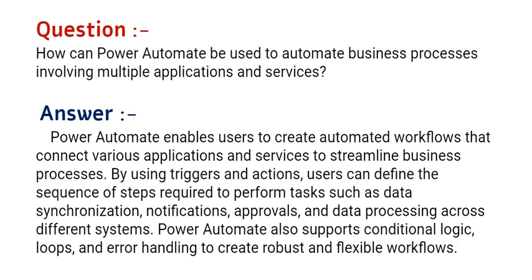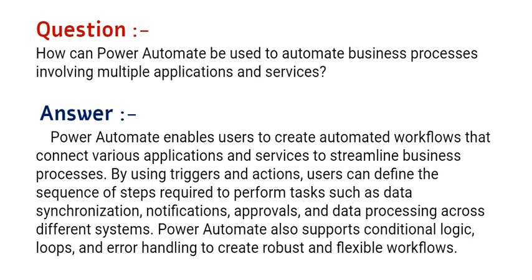Our next question is, how can Power Automate be used to automate business processes involving multiple applications and services? Your answer should be, Power Automate enables users to create automated workflows that connect various applications and services to streamline business processes.